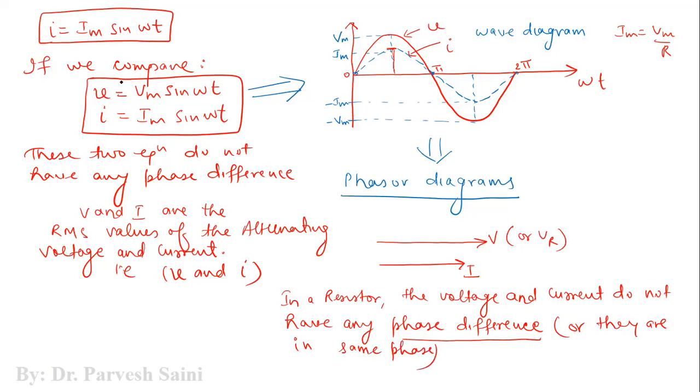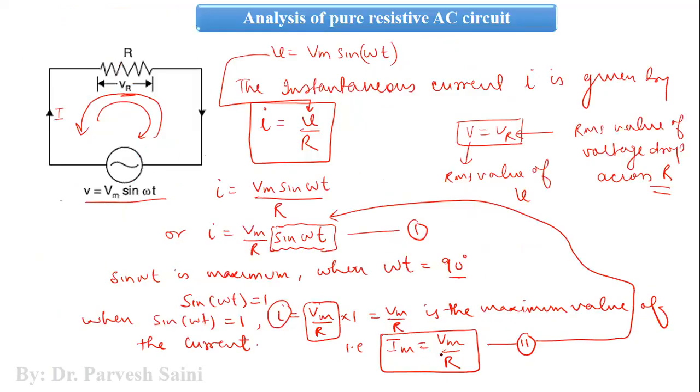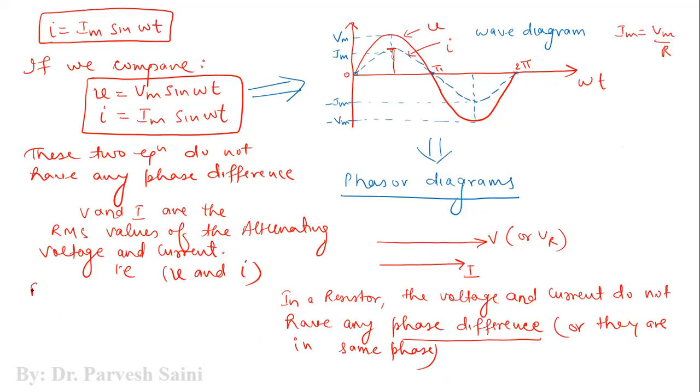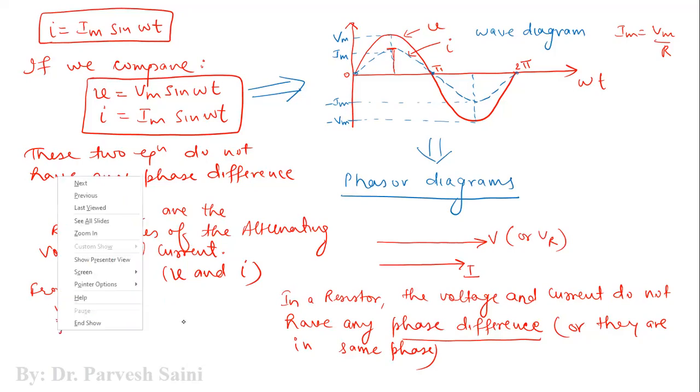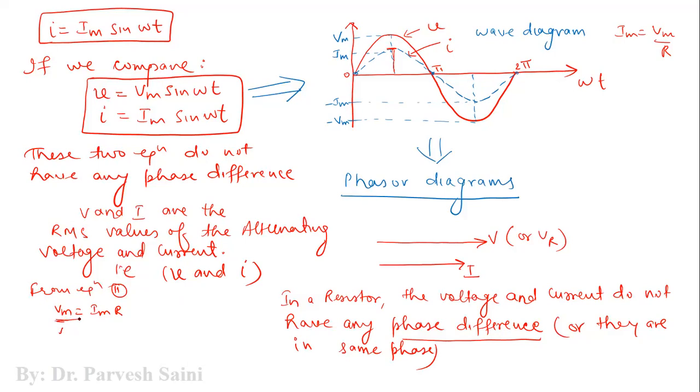Now, if you see here, we have got one equation, Im is equal to Vm by R, this is equation number 2. Now if you take this equation 2, you have Vm is equal to Im into R. If you divide both sides by under root 2, we know that the peak value divided by under root 2 is the RMS value.